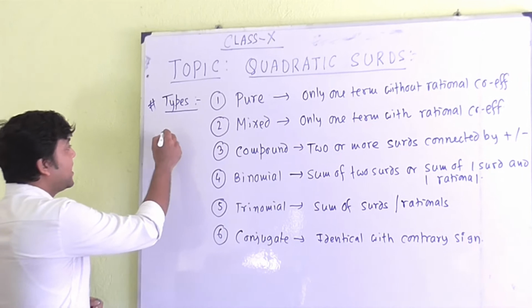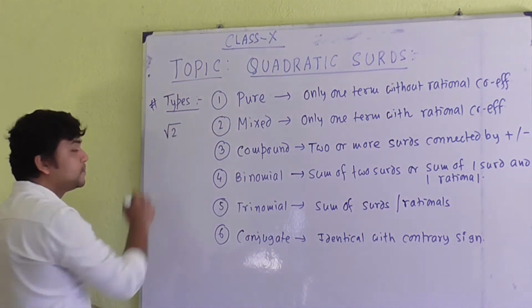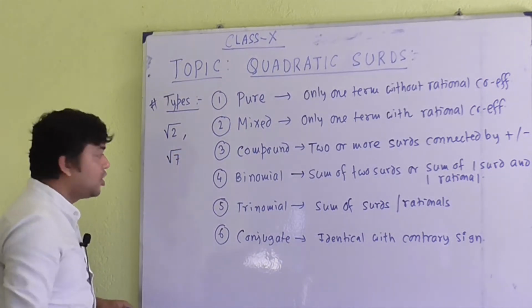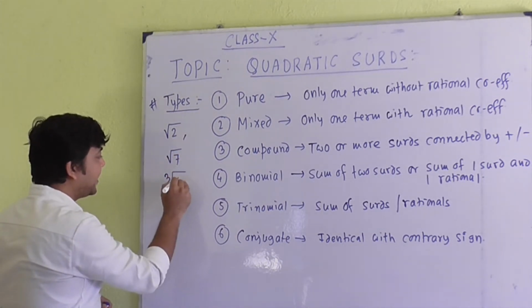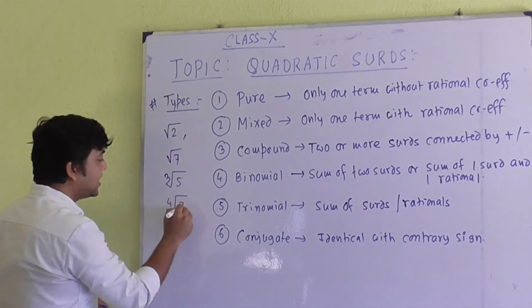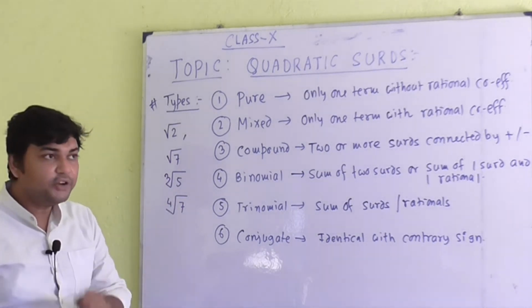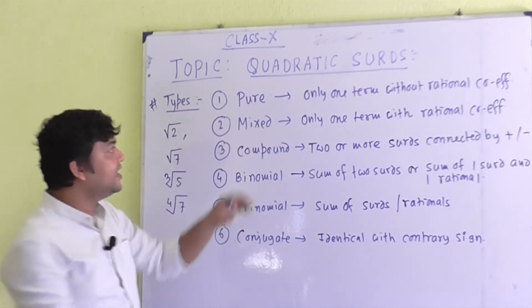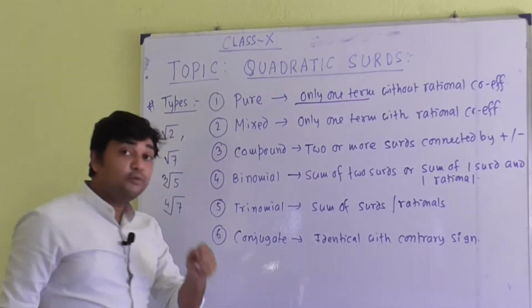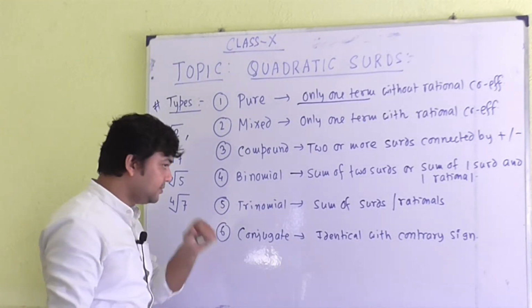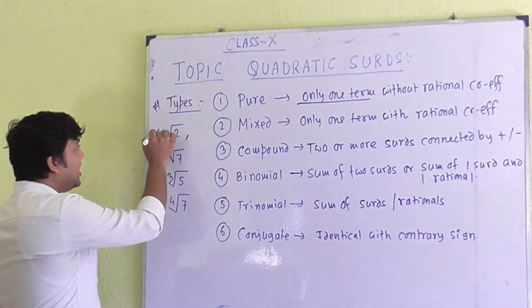If you observe here, suppose root 2 or root 7 or cube root of 5, fourth root of 7. These all are known as pure surds, because only one term is there, and without any rational coefficients. What does it mean, rational coefficient? Simple thing, here 5 root 2.